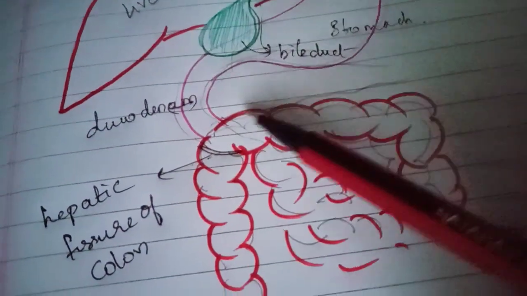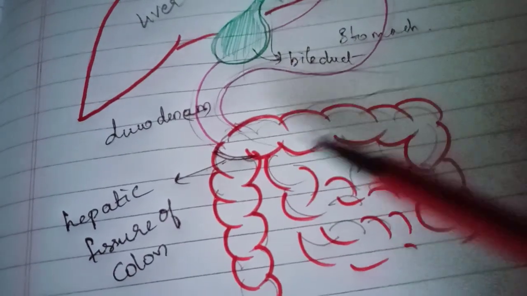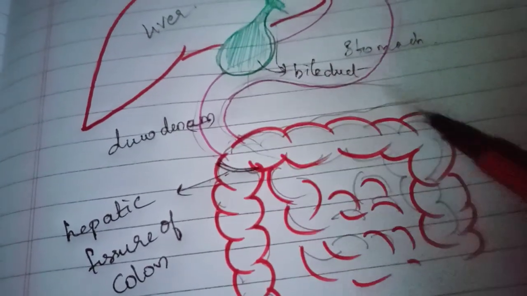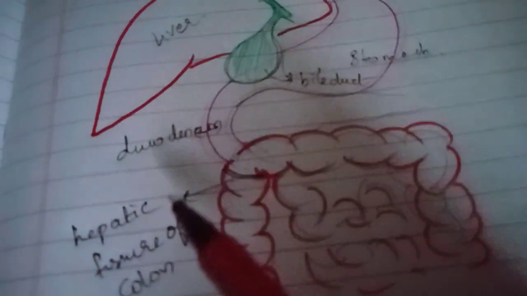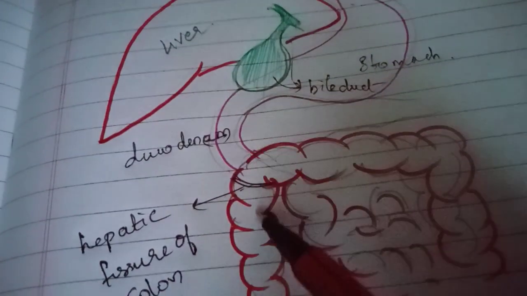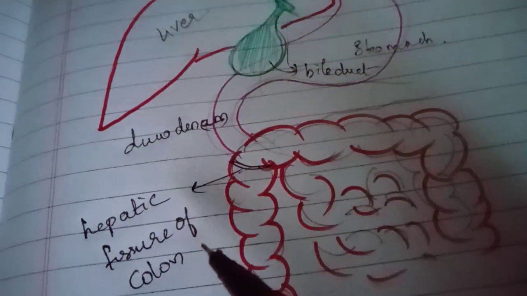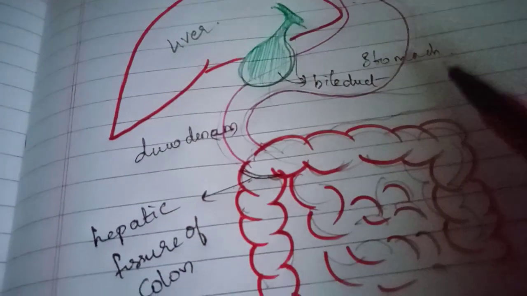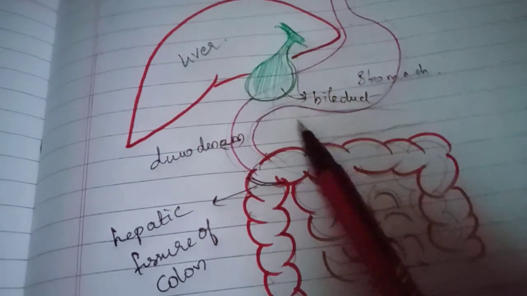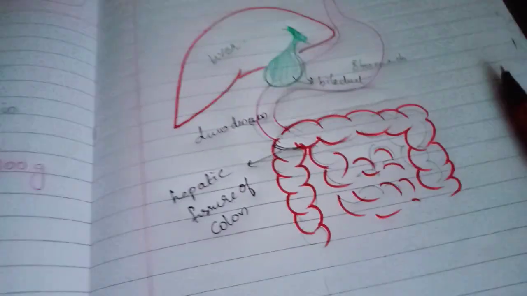First, on the inferior surface of the liver we have the hepatic fissure of the colon, then the duodenum, stomach and then the bile duct. This is the inferior relation of the liver.